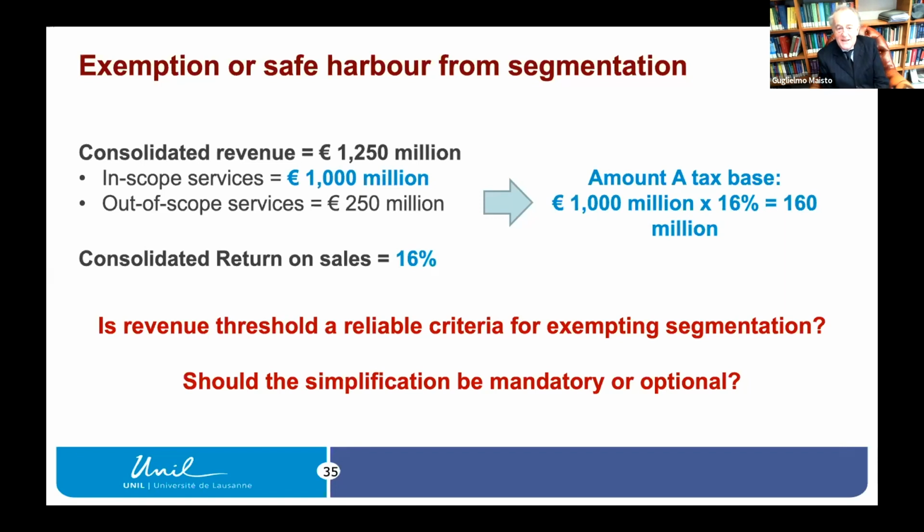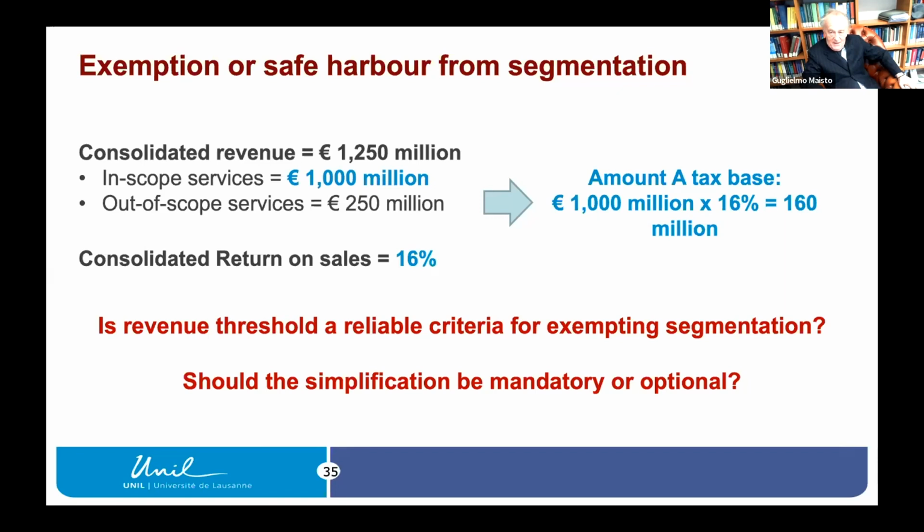And that is something which is simplified, would be easy to apply, but obviously creates something which is unbalanced, with distortions, when my return on sales is very different if I compare the rate of return on out of scope compared to the rate of return regarding in scope.